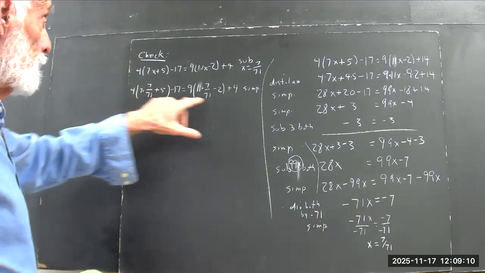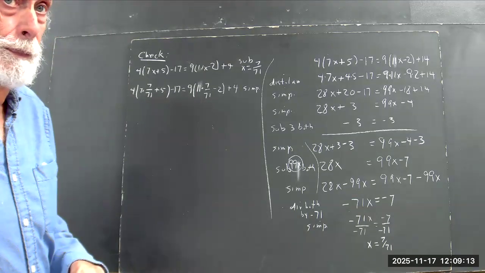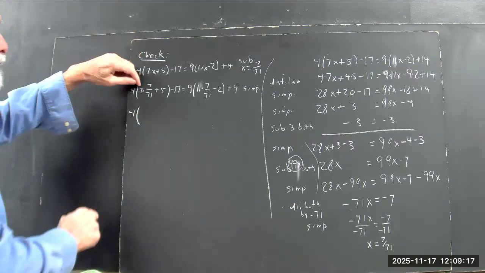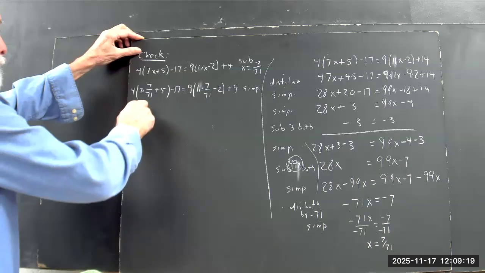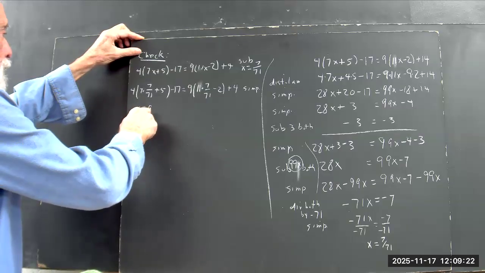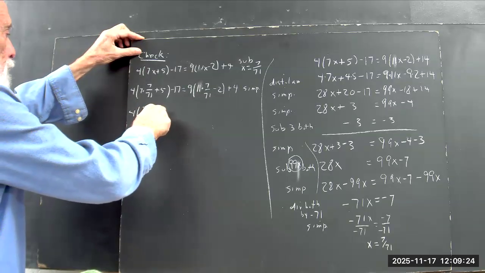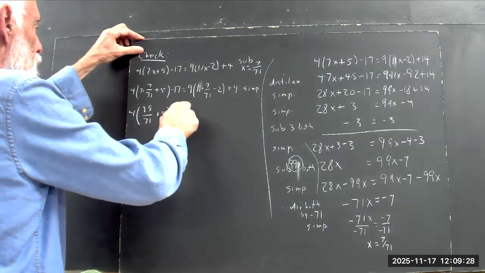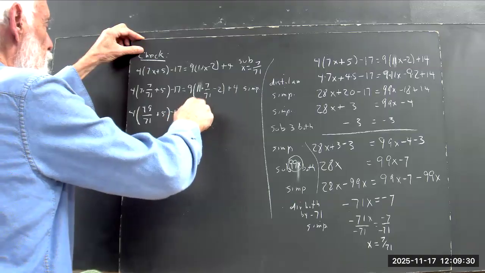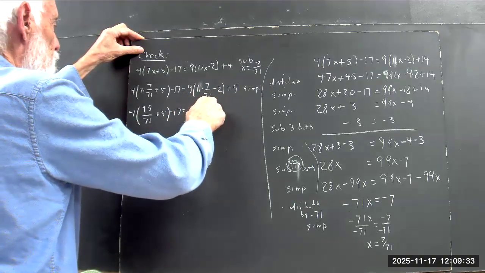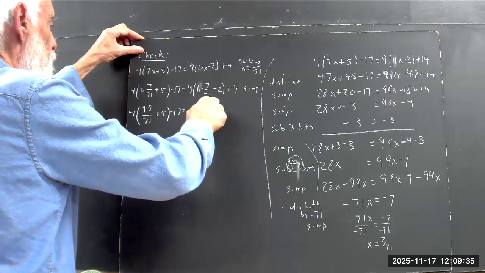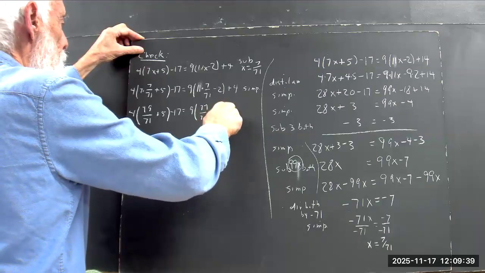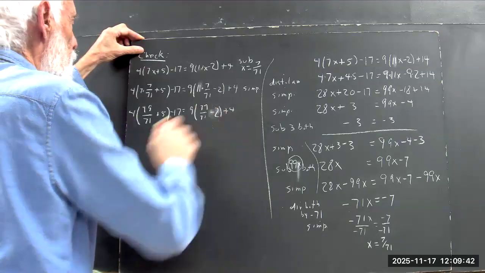It's less messy if you simplify what's inside the parentheses. 7 times 7 over 71. 7 times 7 is 49. 49 over 71 plus 5 minus 17 equals 9 times 11 times 7 is 77. Minus 2 plus 4.